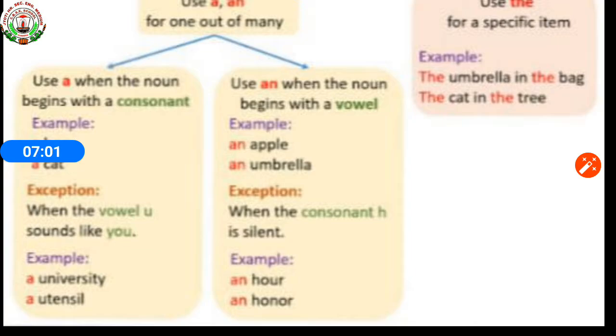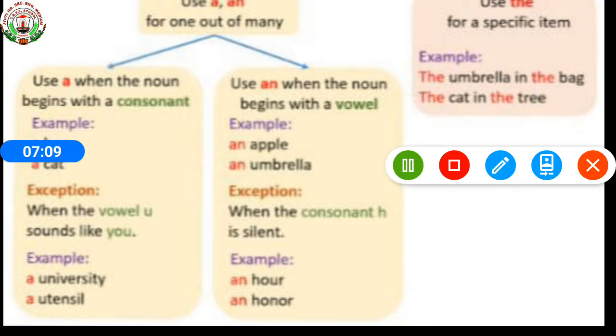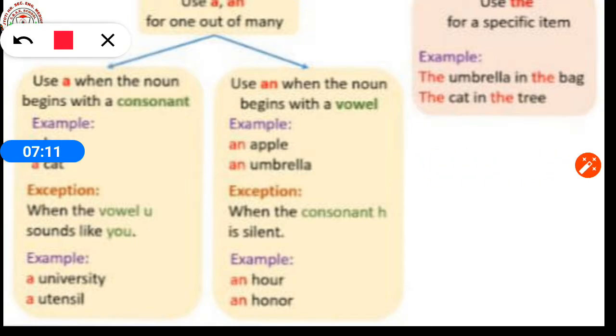Means when the vowel U sounds like Y-O-U. For example, a university, a utensil. So here the vowel U sounds like Y-O-U.